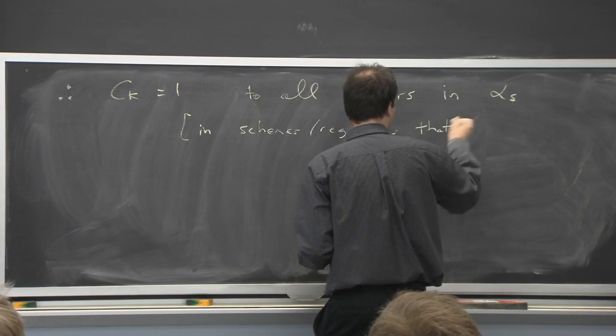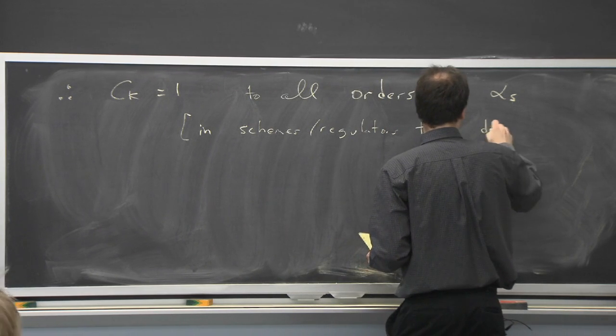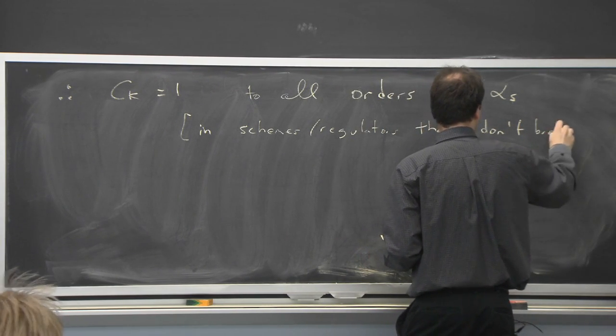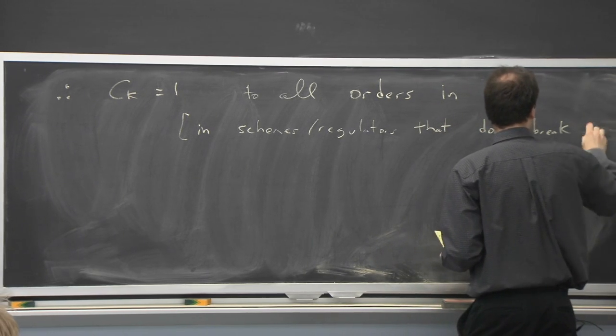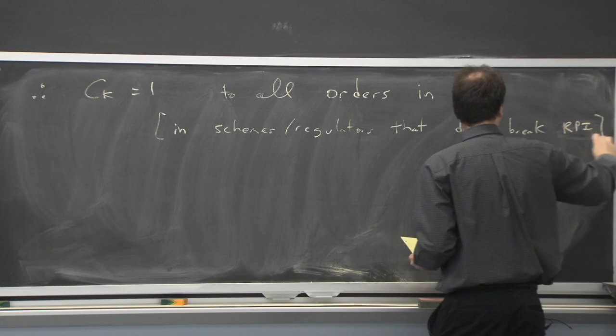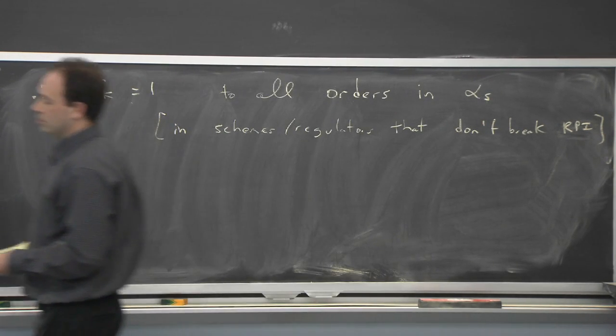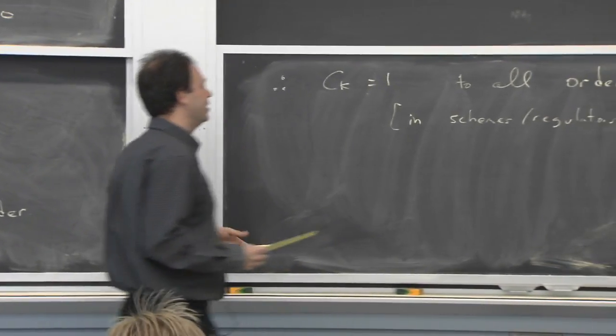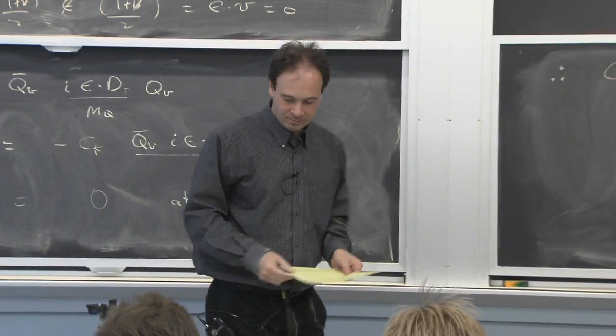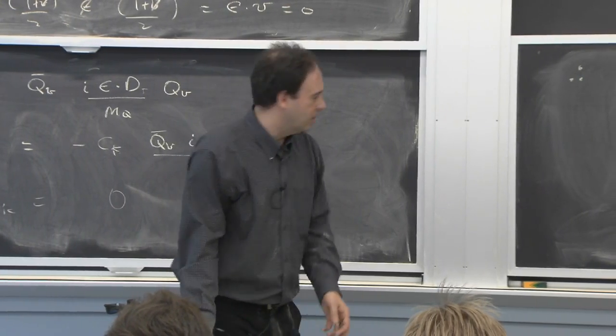So as long as your scheme and your regulator don't break the symmetry, which is always something that you have to worry about in general, then this guy is 1 to all orders. Okay, so if you did something like dimensional regularization and you thought you should calculate this guy, you just find that it would be 1. And you'd wonder, well, why is that? It's the symmetry that tells you it's 1. Okay, so you don't have to figure out that guy.